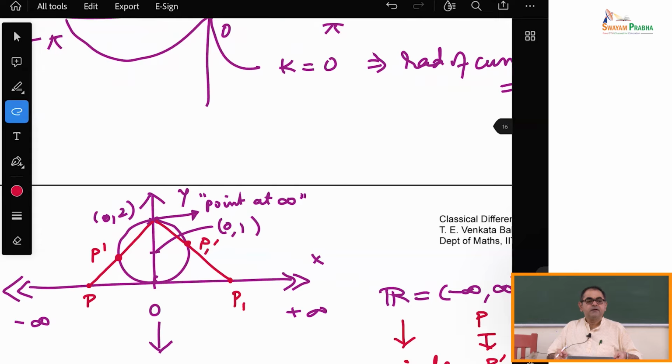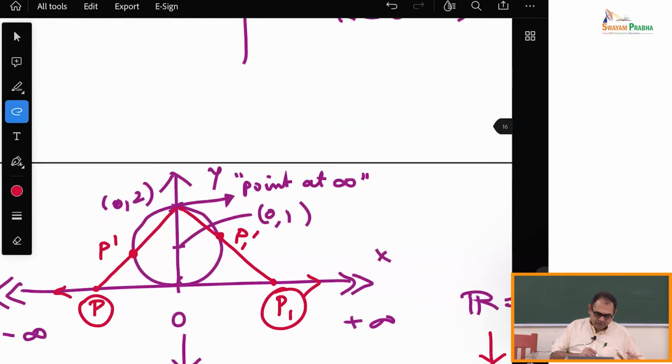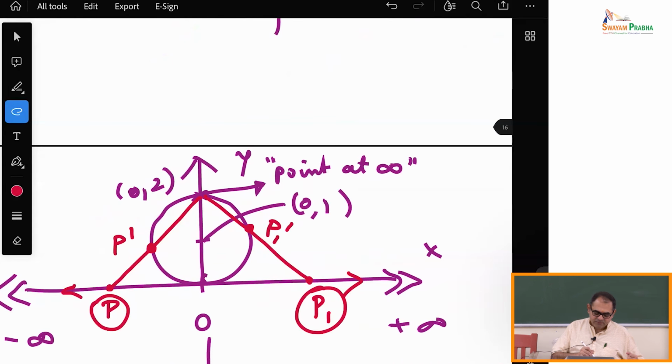As you see, you take either the point P and make it go to minus infinity, or you take the point P1 and make it go to plus infinity. You will see that as P goes to minus infinity, the point P1 goes like this and tries to approach the point at infinity.